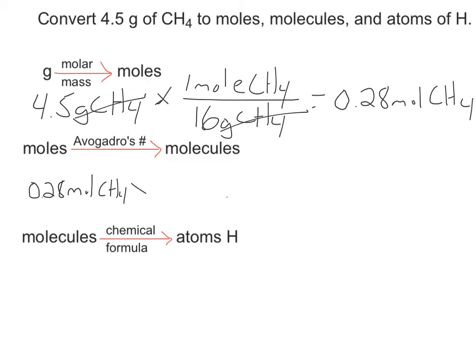Okay, and we're going to convert that to molecules using Avogadro's number, which tells us that there are 6.022 times 10 to the 23rd molecules per mole of CH4.